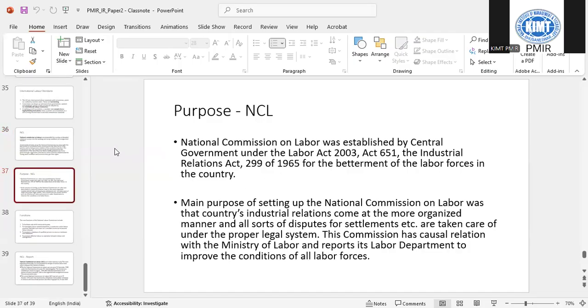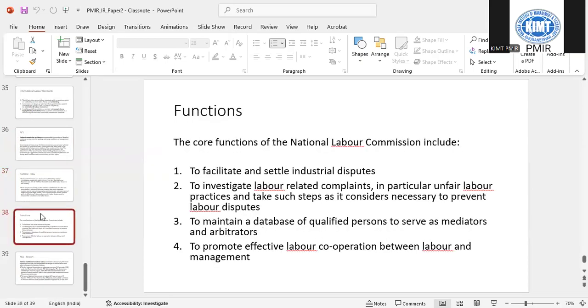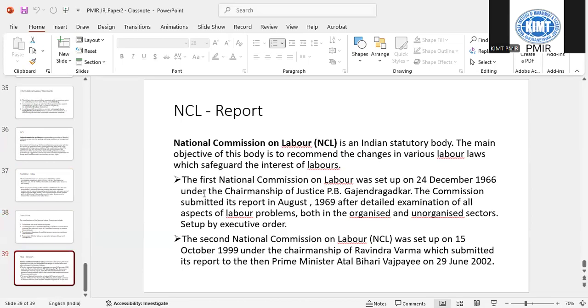Here we have what is NCL, what is the purpose of NCL, what are the functions. Then we have two NCLs. In the next class, we'll study the difference and also what the recommendations were.